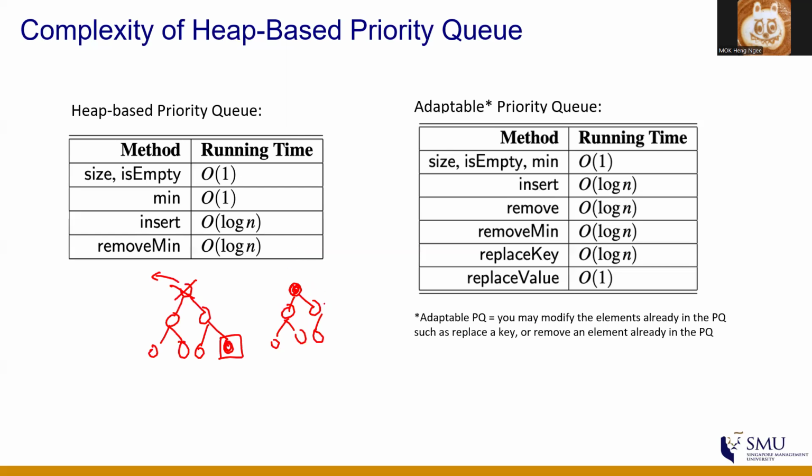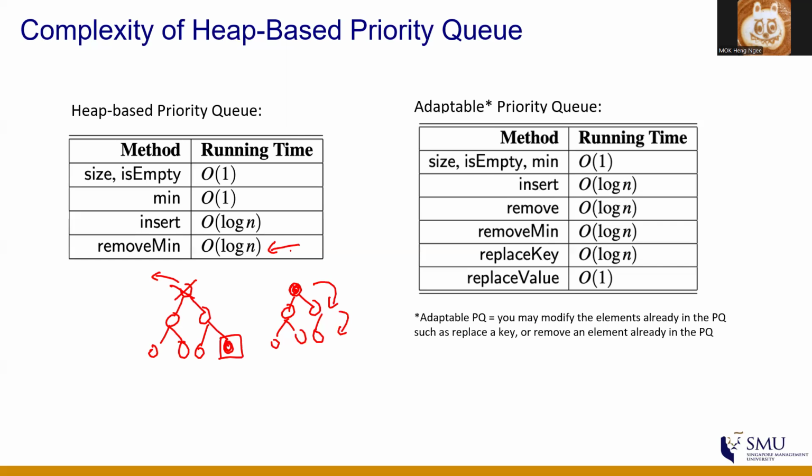And I have to bubble down. I will do a down heap. And again, in the worst case, how many swaps do I have to make? H swaps, where H is the height. After H swaps, your new root is going to be at the leaf level, at the lowest level. So again, H is bounded by log n. So in the worst case, the remove min operation is going to be O(log n).